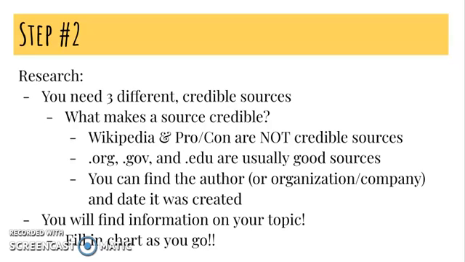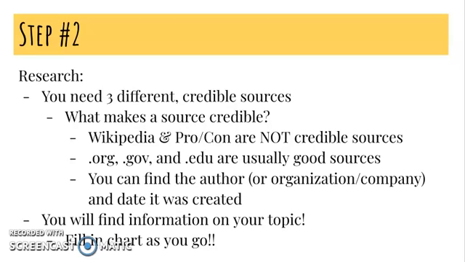Another good way to figure out if it's a credible source is if you can find the author or the organization or company that wrote it, and the date that it was created. As you find these 3 credible sources, you are going to start filling in the Step 2 area of your persuasive speech packet.